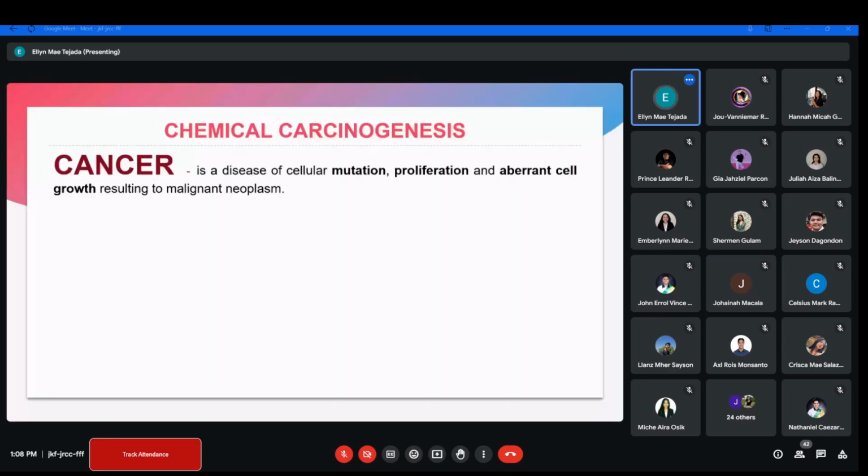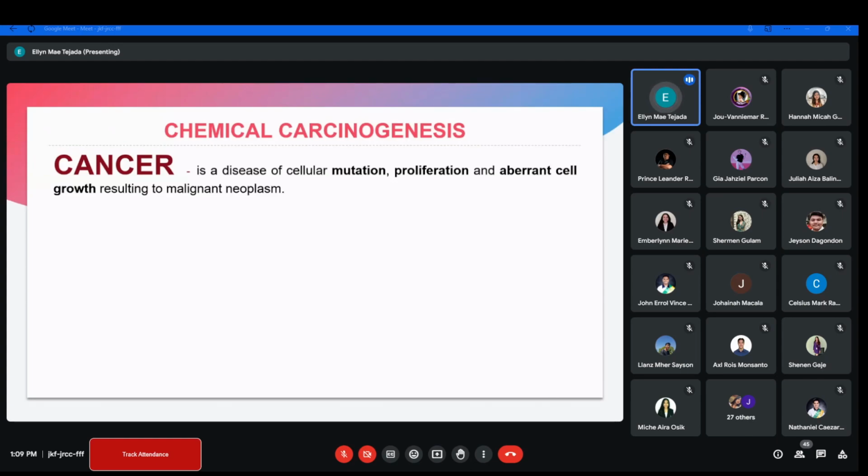Now, cancer is a disease of cellular mutation, proliferation, and aberrant cell growth resulting in malignant neoplasm. This disease ranks as one of the leading causes of death in the whole world, and I think an estimated 70 to 90% of human cancers have linkage to either environmental, dietary, or behavioral factors.